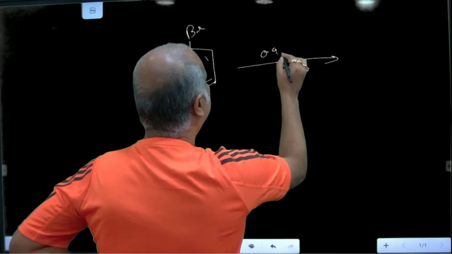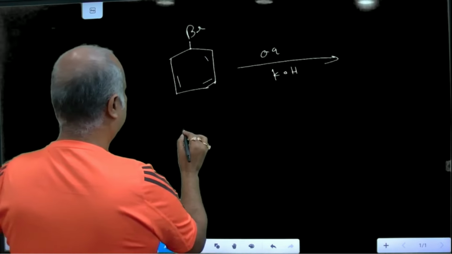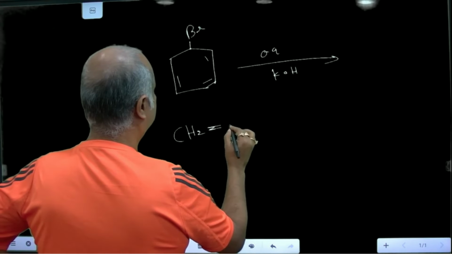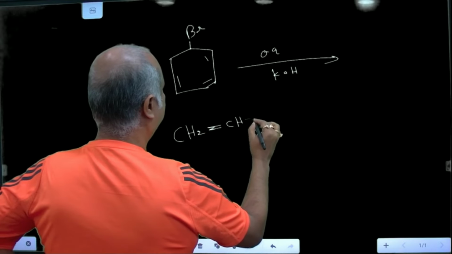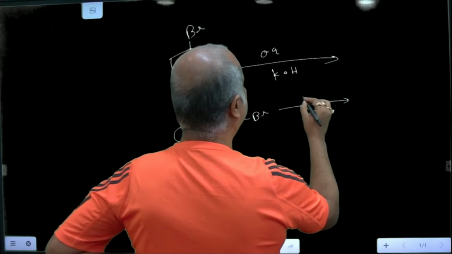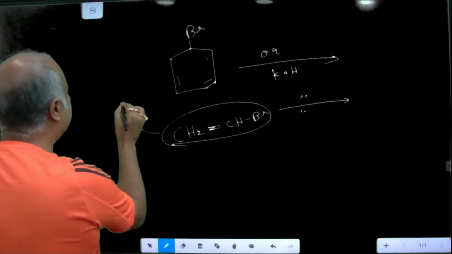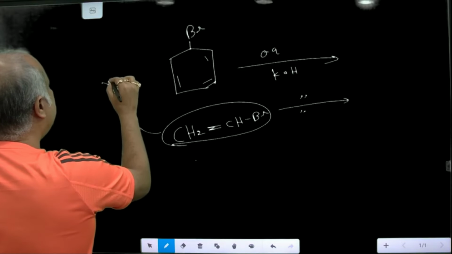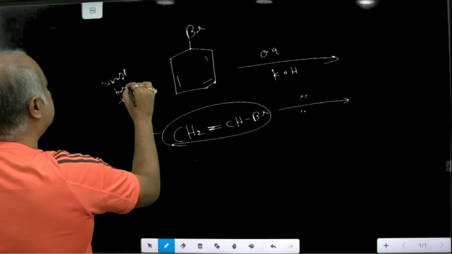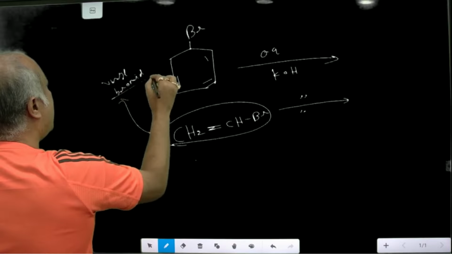Aqueous KOH, same thing. That is vinyl bromide.